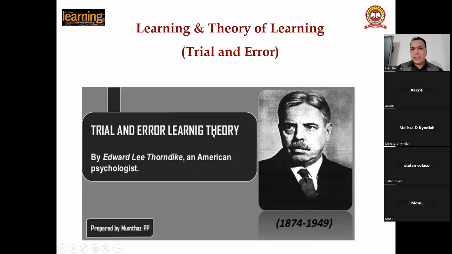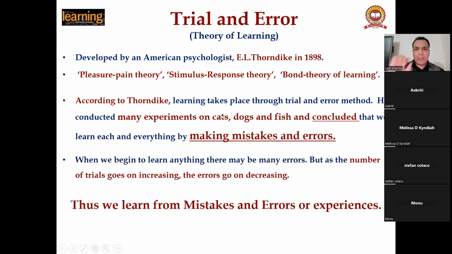Now we come to today's topic, theories of learning, the trial and error theory, which was given by Thorndike, right, guys? So first we understand a little bit of the history of that theory. The name of this theory is trial and error theory, number one. Second name you have to remember: this is also called the connectionism theory.